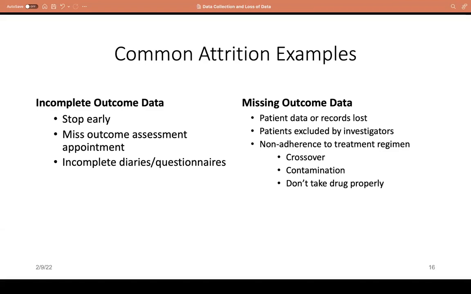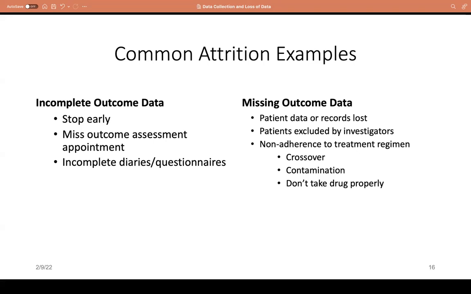So, I referred to some of these things earlier. What are some common attrition examples? Again, people that either stop early or miss an outcome assessment appointment, or often outcomes are assessed because people are completing diaries or questionnaires, and these aren't fully complete. There could also be things that happen, like records are lost, or you don't know what happened to people because they're excluded from the study, or people have what's called non-adherence.